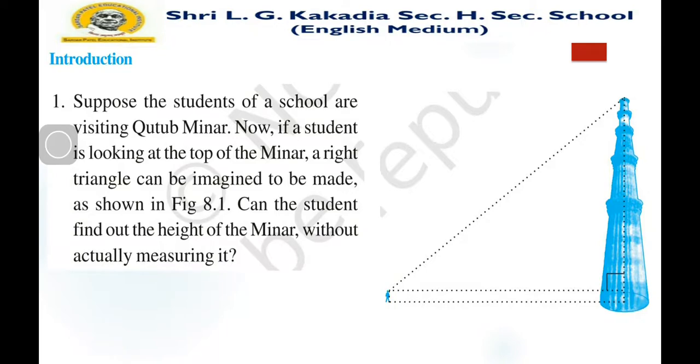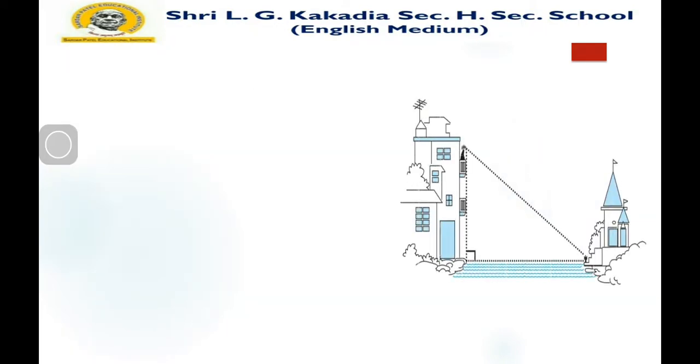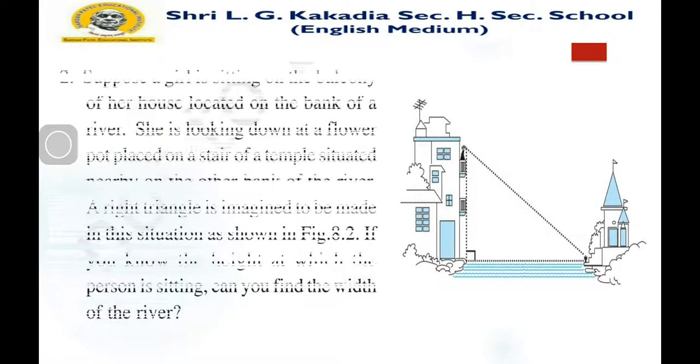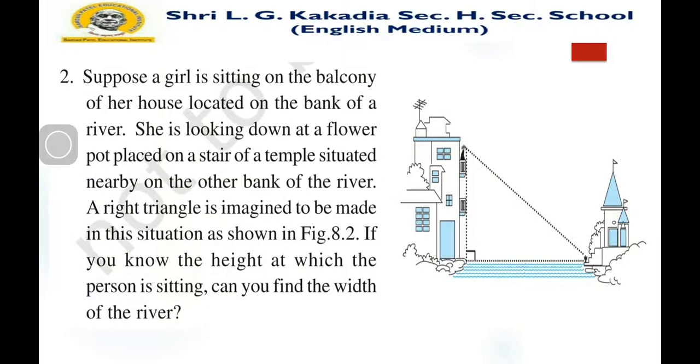Now, some more problems. As you can see here, suppose a girl is sitting on the balcony of her house located on the bank of a river. She is looking down at a flower pot placed on the stairs of a temple situated nearby on the other bank of the river.